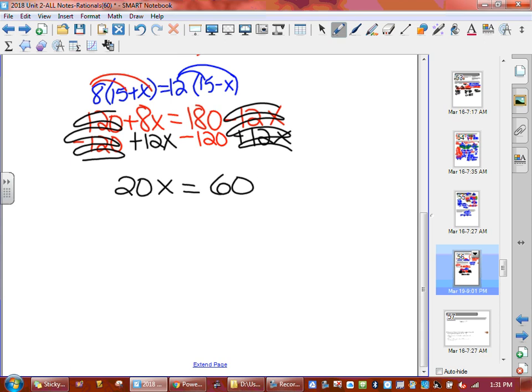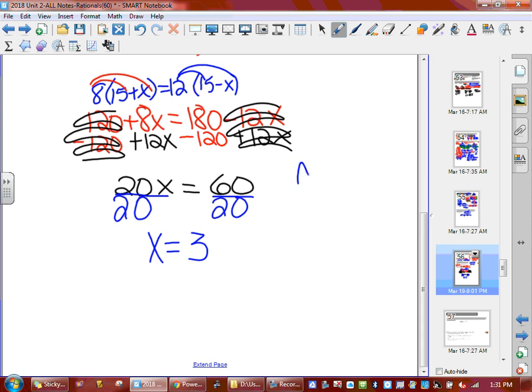We're going to divide out the 20. And how big does that give us? Pretty good. So x is equal to 3. And so remember, what did we find with the x? It was the average speed of the current.